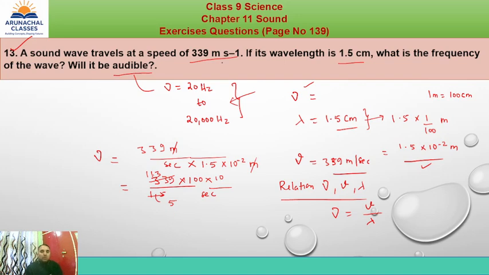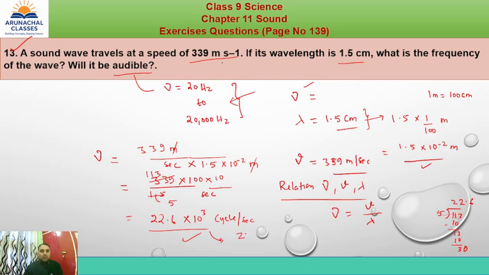Now what I will do, I will divide this 113 by 5 somewhere here. 113 divided by 5: 5 2s are 10, so it will be 13, 5 2s are 10, it will be 3, now point 0, 5 6s are 30, so it will be 22.6 multiplied with 10 power 3 cycle per second. So this will be the final result.